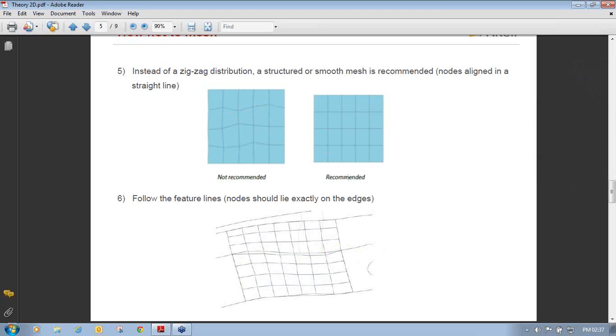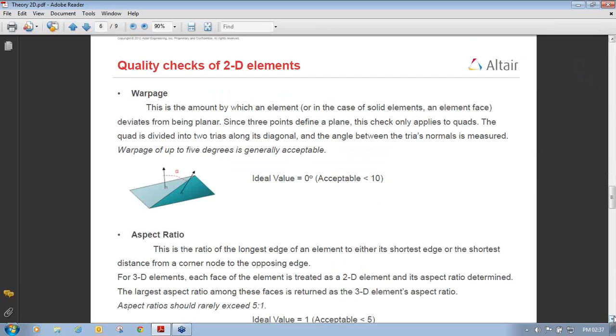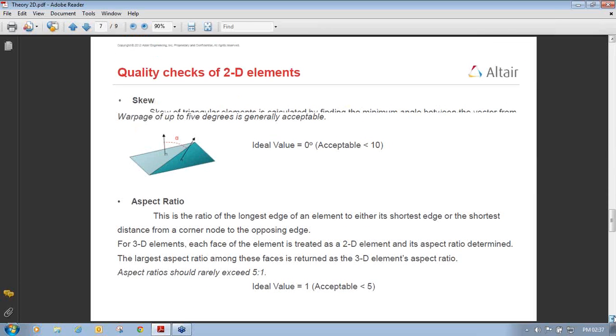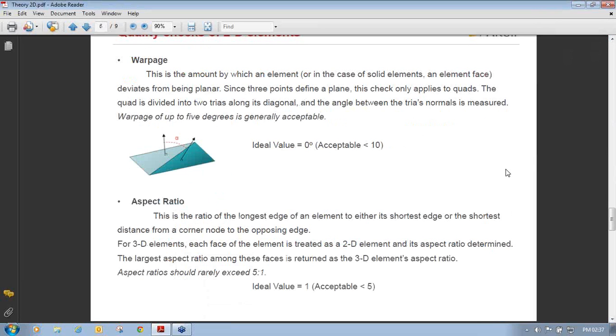So now we will move to the next topic, that is the quality checks for 2D elements. There are several checks for 2D elements. We will discuss them one by one. So the first one is warpage. This is the amount by which an element, or in the case of a solid element, an element face, deviates from being planar.